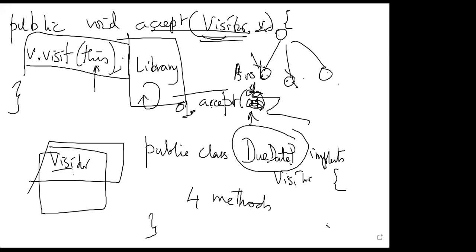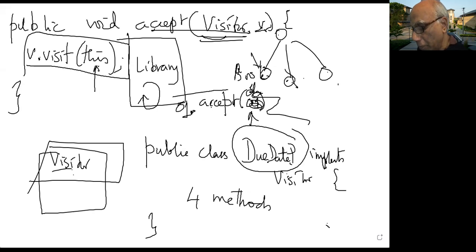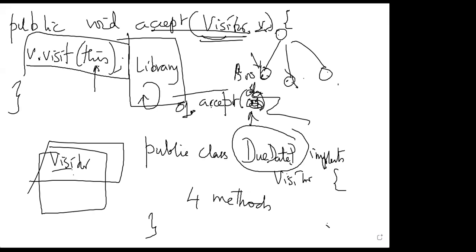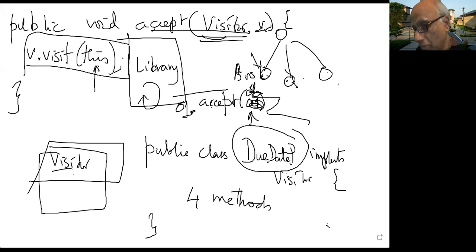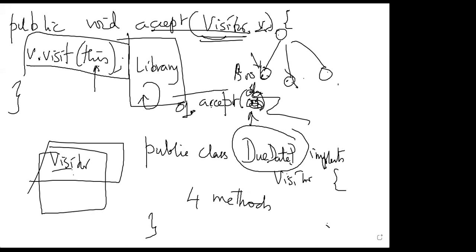No, so maybe I didn't explain my question very well. We've got book and we've got periodical as subclasses, let's say, right? So in my visitor interface, if I implemented a class that corresponds to periodicals, but not to book, to use.